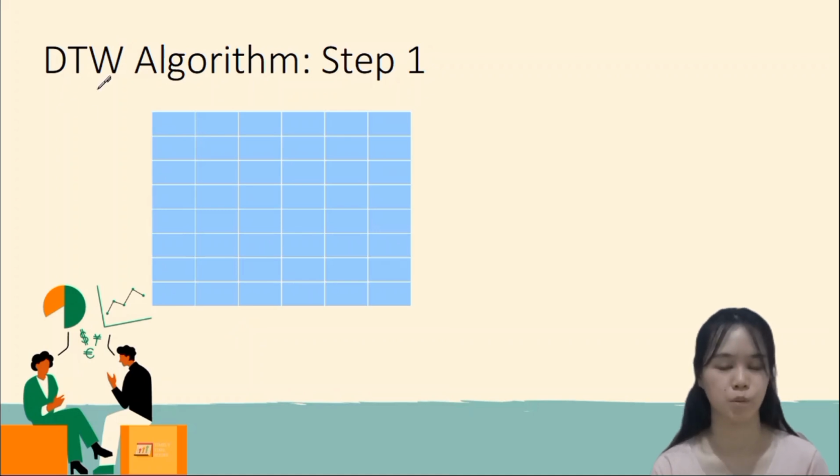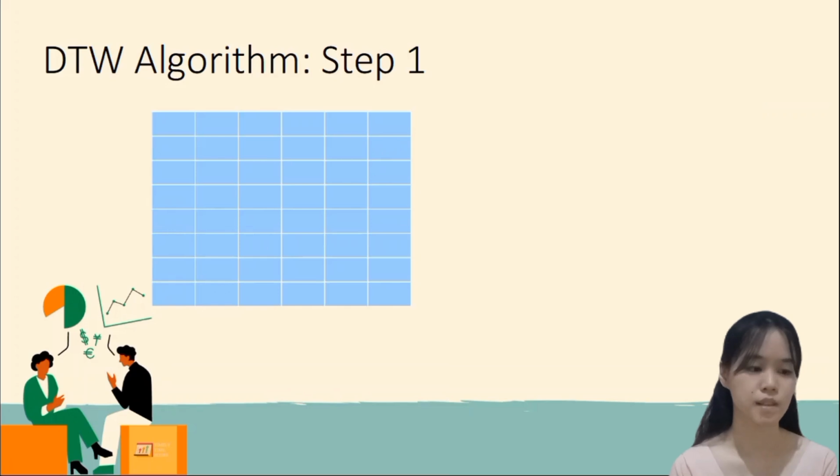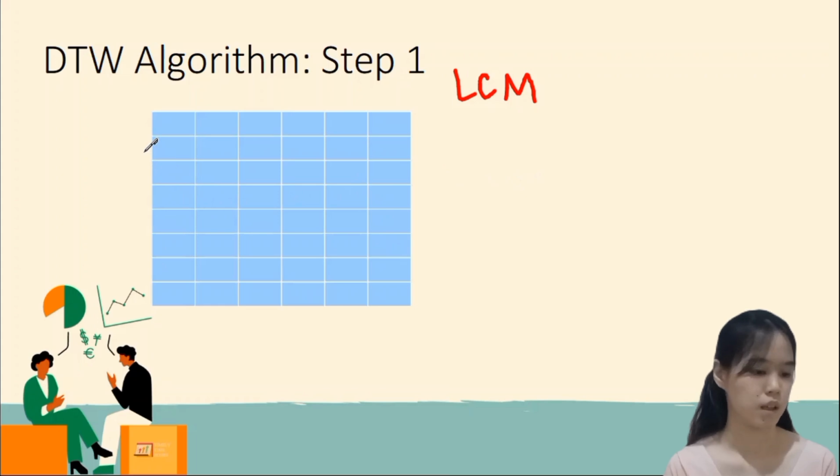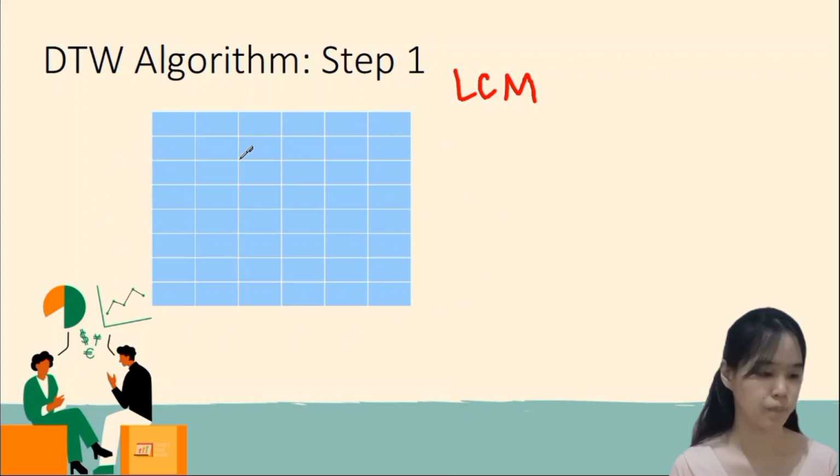And using DTW, we have 3 steps. Okay, so the first step is to build a local cost matrix, LCM. The dimension of this matrix would be the length of both series. So in this case, I already made a simple matrix here.